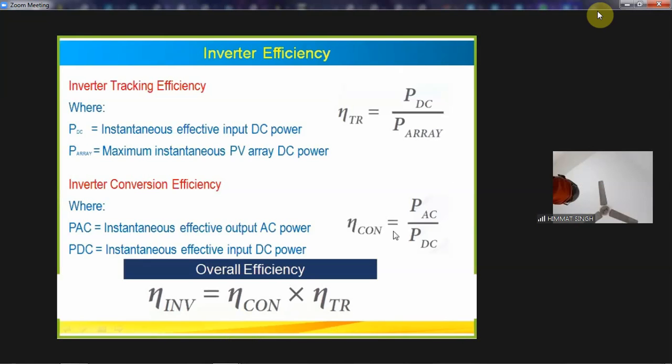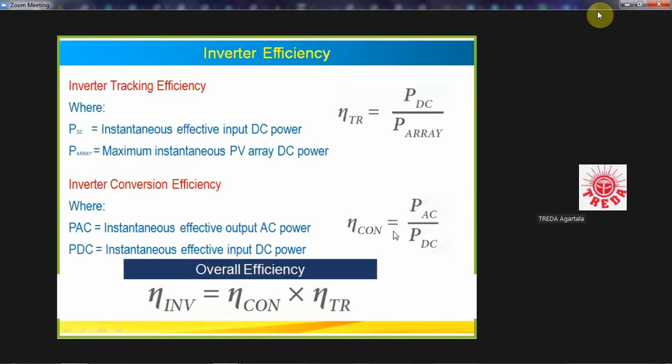And inverter conversion efficiency, output AC.